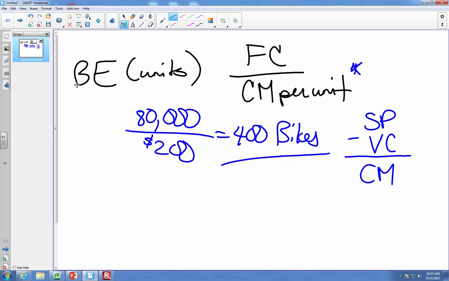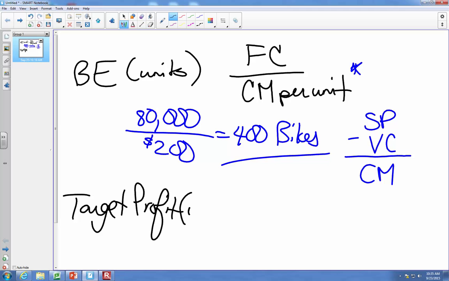So this is called target profit in units. How is my calculation going to change? How am I going to figure out how many units? Don't say it out loud.